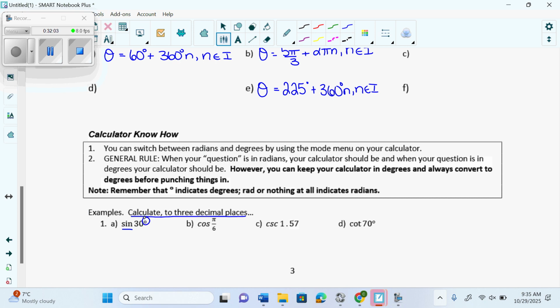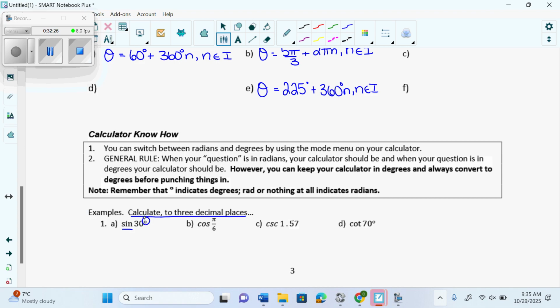All right, so go sine 30 degrees and then hit enter. One is in scientific notation and one is not.